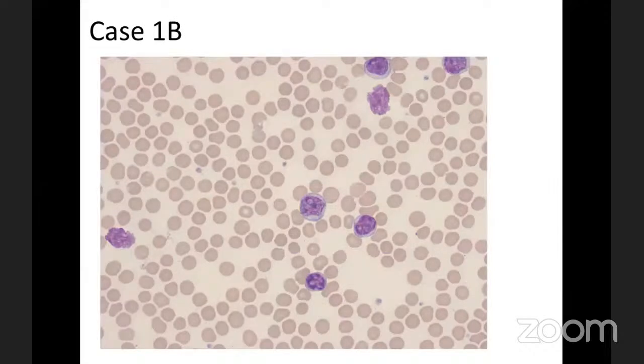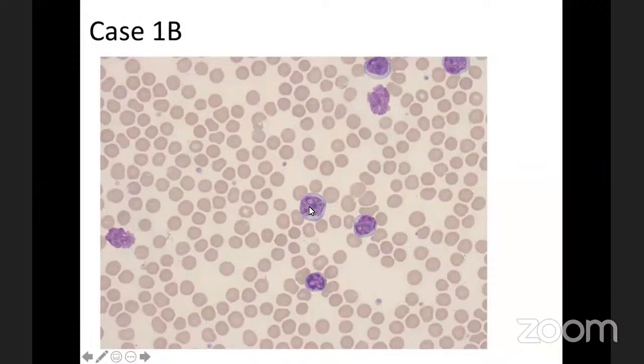Just to take care of a few points about the CLL. In a CLL, you need to make sure that you don't have many prolymphocytes. These cells are larger than the mature small lymphocytes, with more abundant cytoplasm, irregular nuclei, and a prominent single nucleolus.